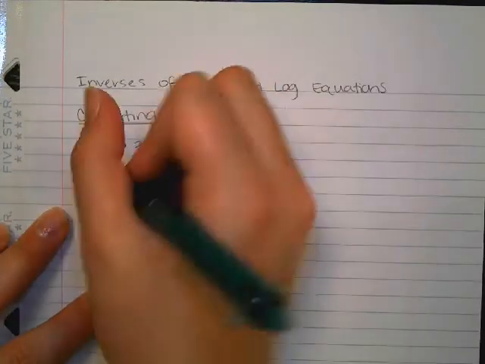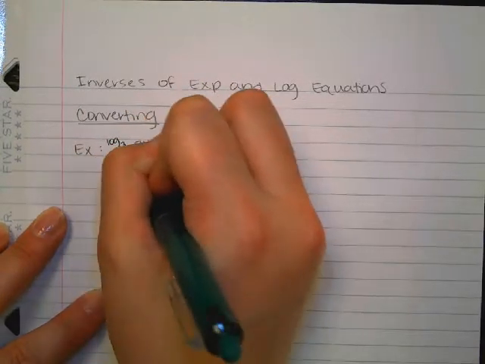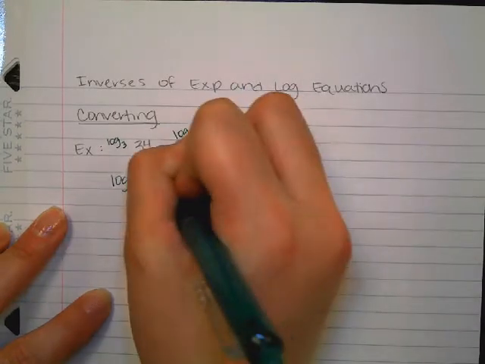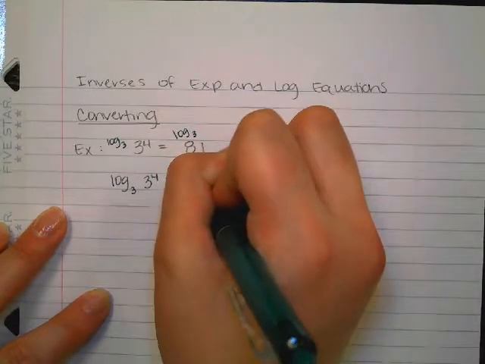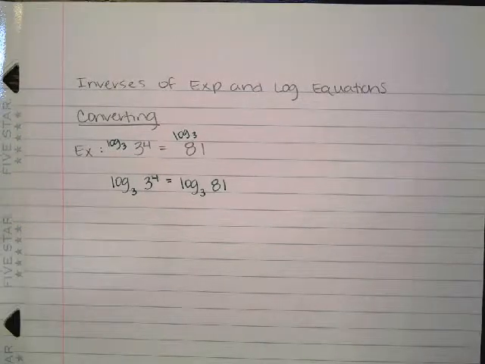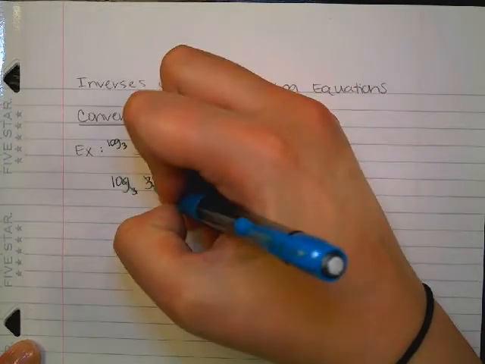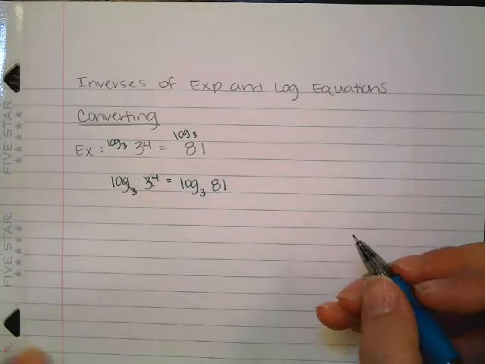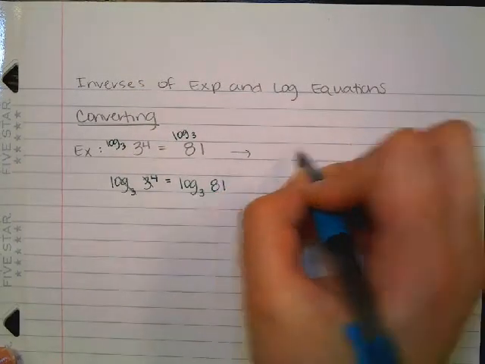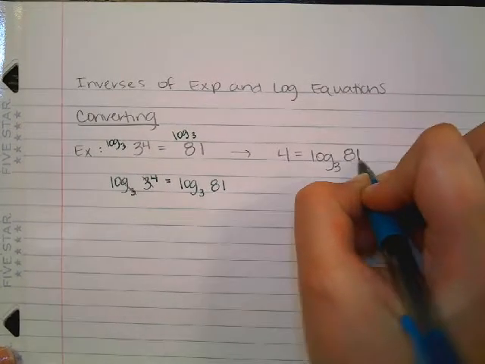That gives log base 3 of 3 to the 4th equals log base 3 of 81. Because they're inverse operations, the log base 3 and the base of 3 cancel out, and when I convert this, I get 4 equals log base 3 of 81.